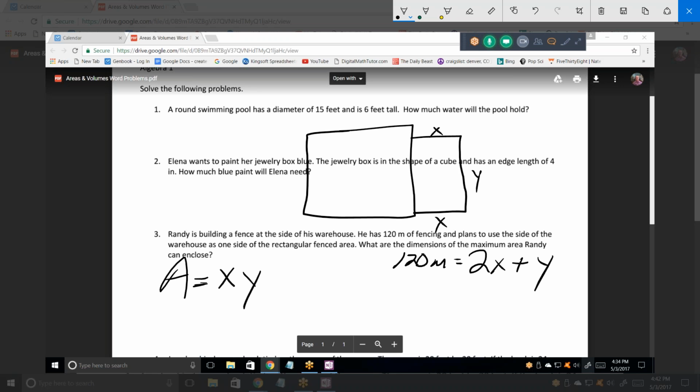Okay? Now it's key to realize that we have two variables and two different equations. So we're going to be able to solve this, because all we have to do is substitute. Don't need the units on there. Solve the equation on the right for y. What do you get?